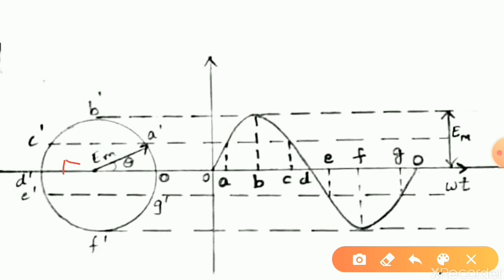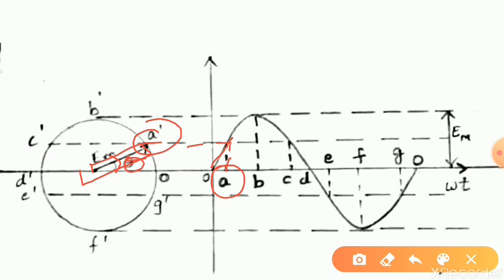When the coil is at point O and D dash, the output that we get is 0. When this coil is moved to point A dash having an angle theta, we get an output at point A, that is a linear increase in the graph.